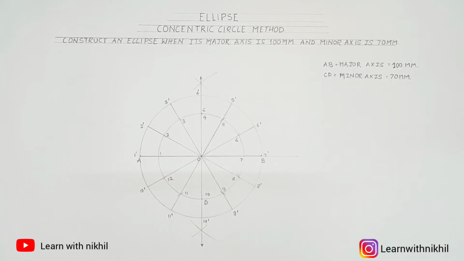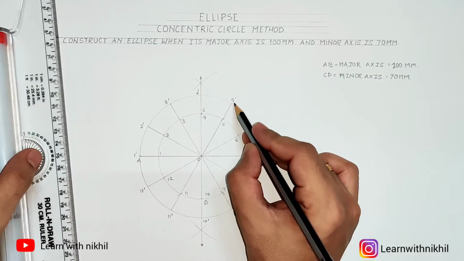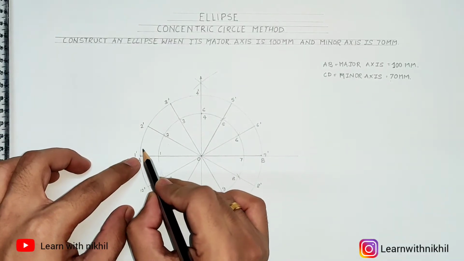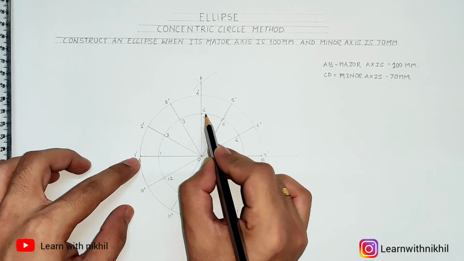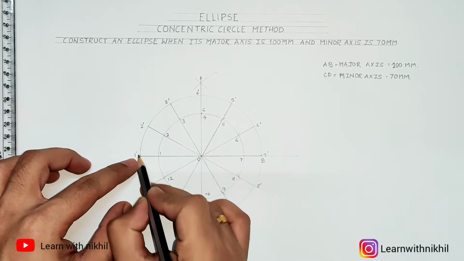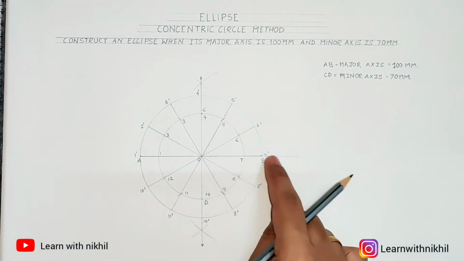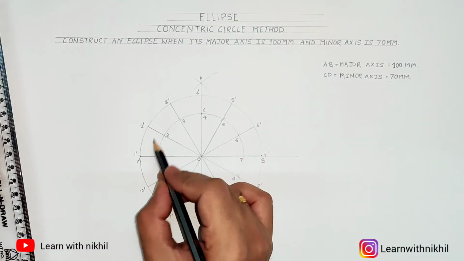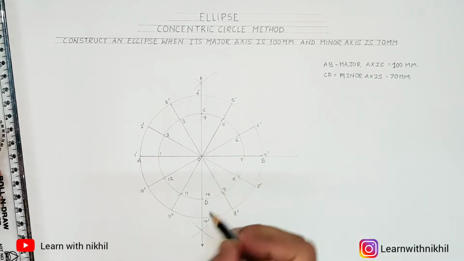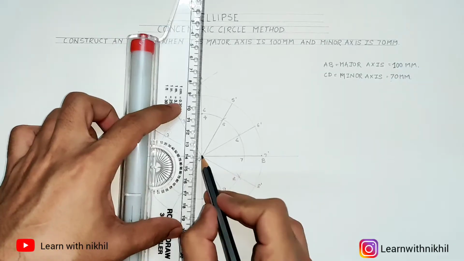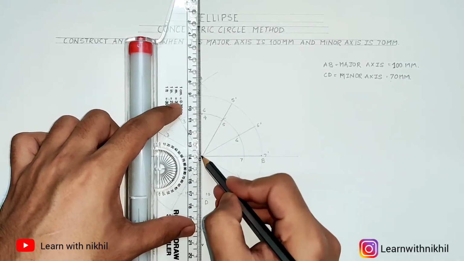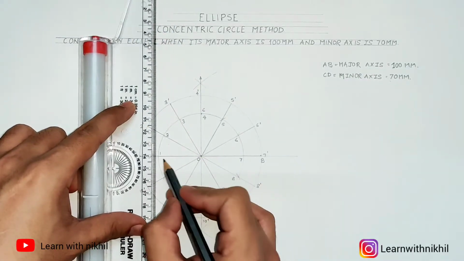Now next step, we have to draw parallel lines through the outer circle points and from the inner circle points as well. So this is the path trace of the ellipse. It will start from A and travel through C, B and D. Now through the outer circle we have to draw straight lines from each of the points.